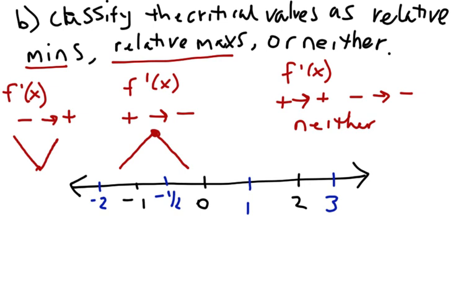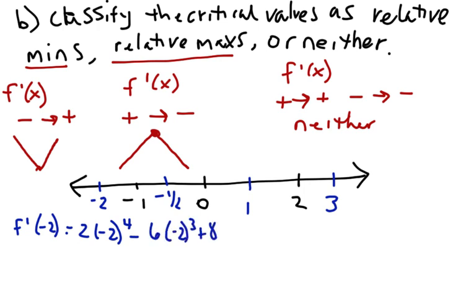So f prime of -2 is 2 times -2 to the 4th power minus 6 times -2 cubed plus 8 times -2, which is 32 plus 48 minus 16, which is positive. Like I said, I don't really care what the number is, I just care what the sign is. So at -2, I'm positive, that means I'm increasing there.